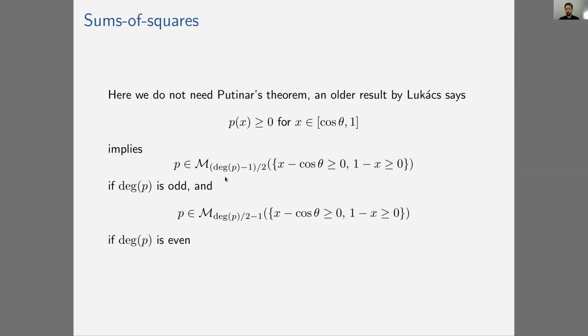So we make a case distinction between even and odd degrees. That's just a bit nicer. If the degree is odd, it lies in this quadratic module where we use these linear polynomials. And I made a copy-paste error. This should be the quadratic polynomial, so this should be x minus cosine theta times 1 minus x is non-negative. That's if the degree of p is even.